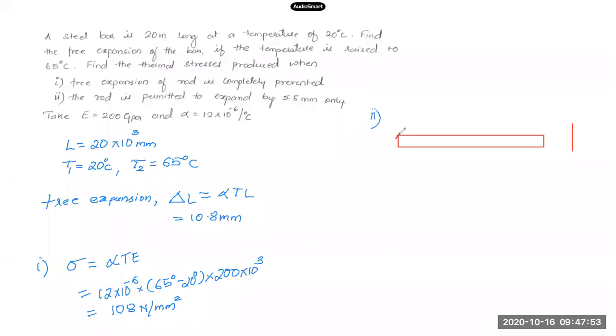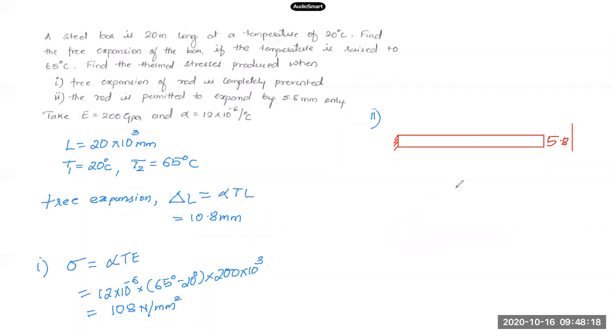So that is what you need to find out. Can anybody tell me how we can find that? This is 5.8 mm, this gap you have here. After 5.8 mm, the free expansion will not occur. Only after 5.8 mm of expansion will stresses start developing there.